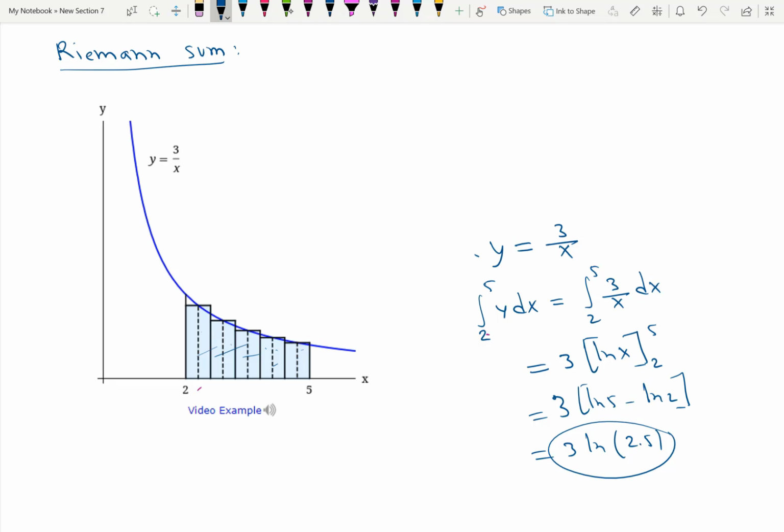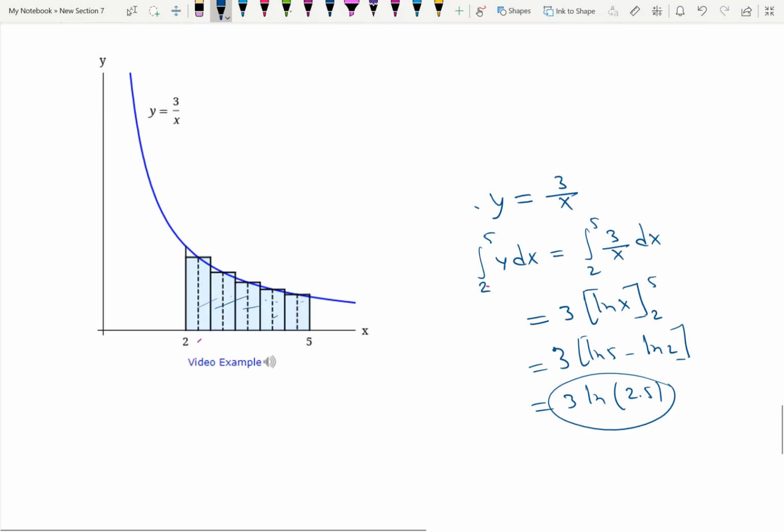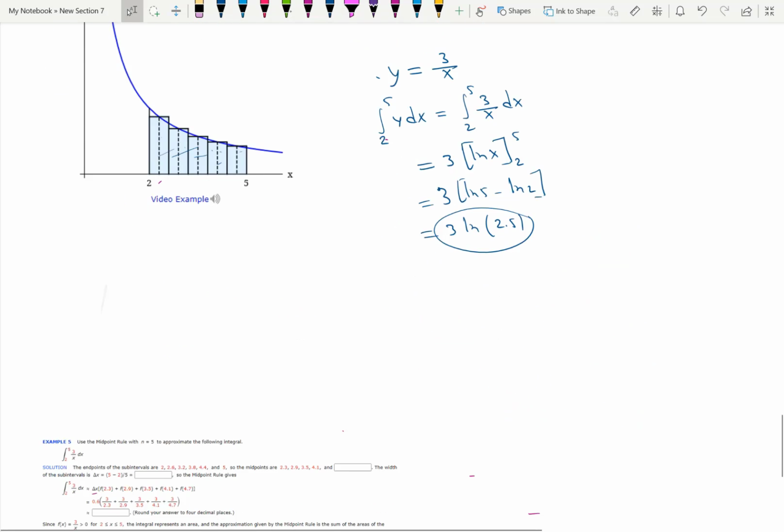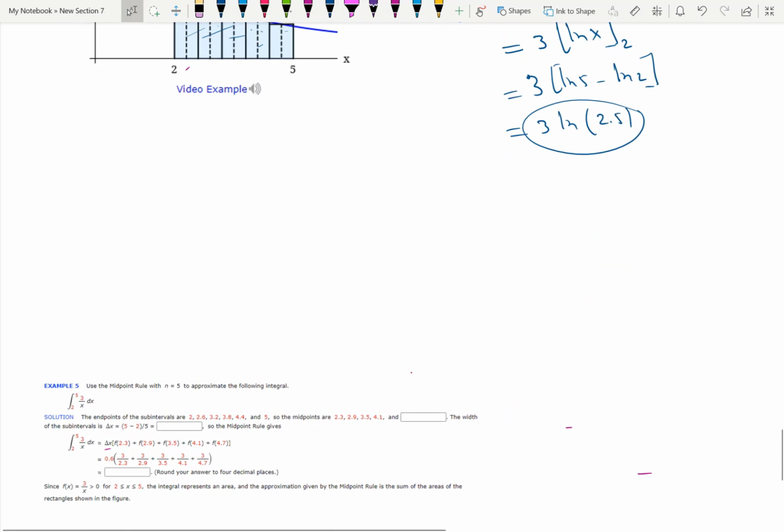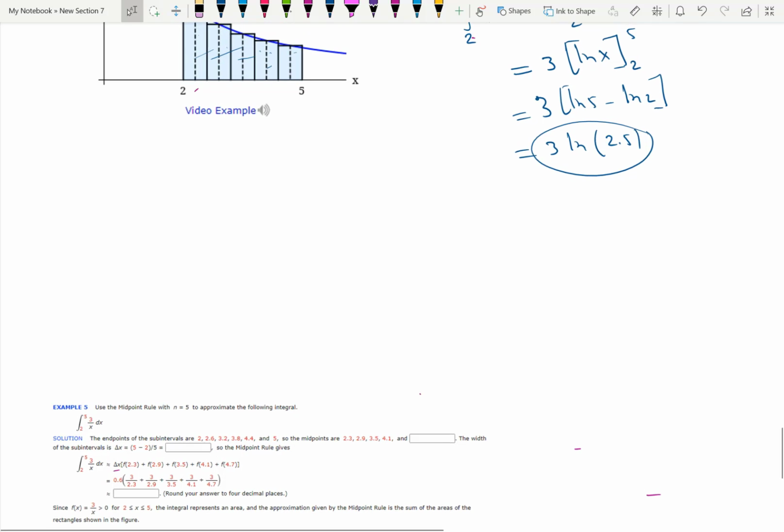But we can use the Riemann sum and approximate the area. Not every function is integrable, we cannot integrate all functions, but using the Riemann sum we can approximate the area. So if we want to approximate the area, we take n equals 5, that means 5 subintervals.